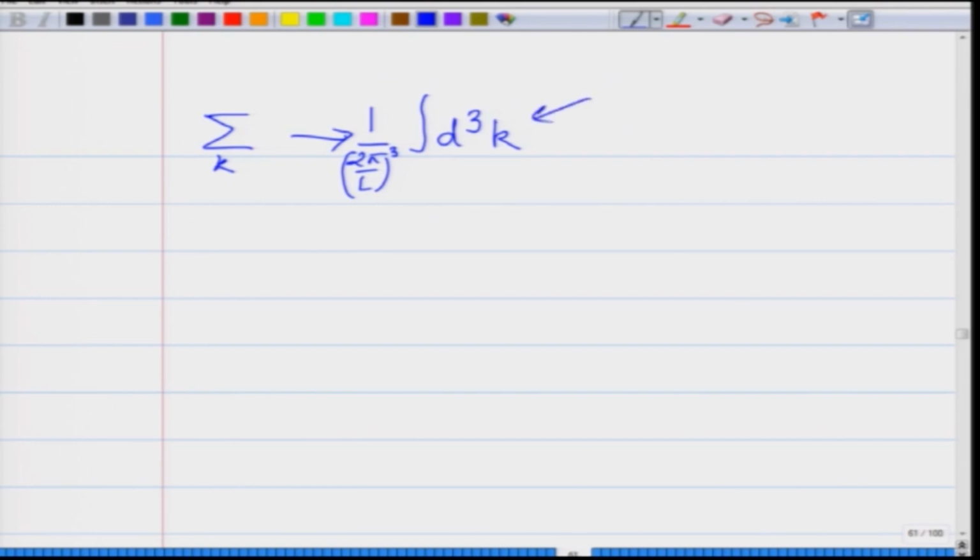This is nothing else but the volume integration in k space.